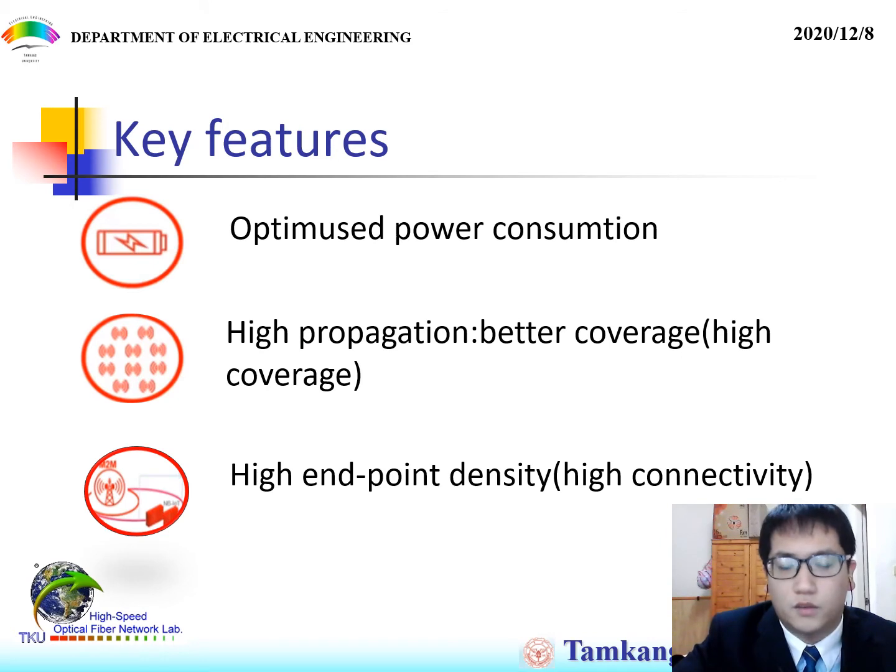And here I'm going to talk about the NB-IoT key features. Optimized power consumption, also called low power consumption. It means it works on low power, and if it's not working, it will enter standby time. High propagation, better coverage, also called high coverage.